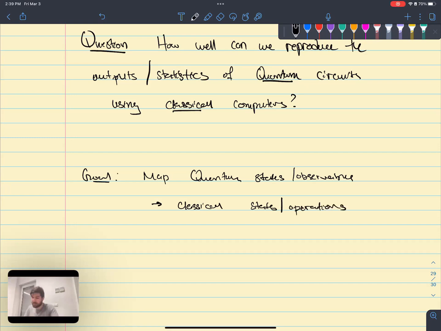By classical, I could mean, and what we'll talk about today is, something like a bit string. If I can reduce the action of these quantum observables, namely these Pauli observables that I'll introduce, and map them into classical states like bit strings, then I've accomplished one part of this, for example.